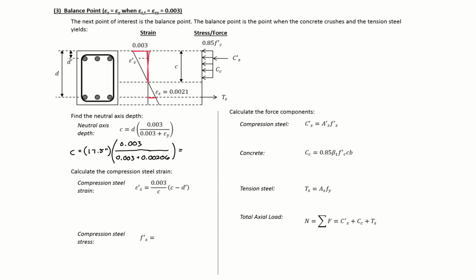And we'll get our c to be equal to 10.4 inches. We can then use this neutral axis depth c again to find our compression steel strain.